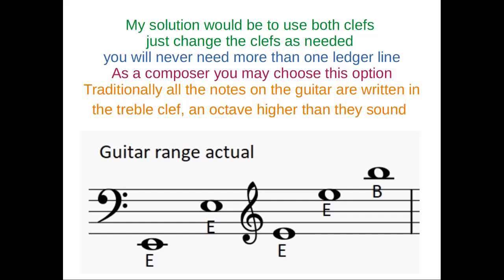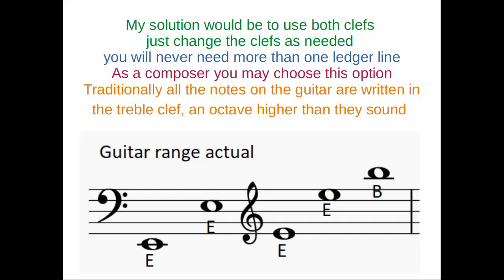As a composer, you may choose this option. Eventually, you'll get into composing music for the guitar. So as a composer, you may choose to write the music with this scheme instead of the traditional scheme. Traditionally, all the notes of the guitar are written in the treble clef, which is an octave higher than they actually sound.